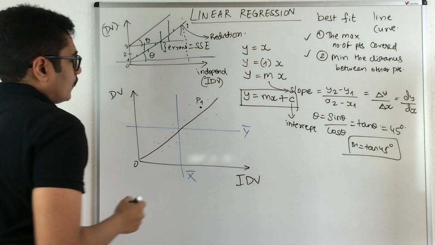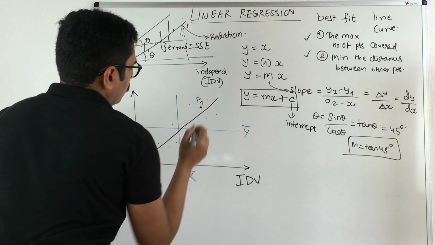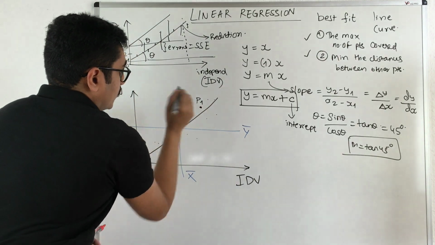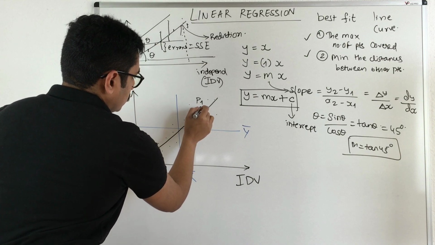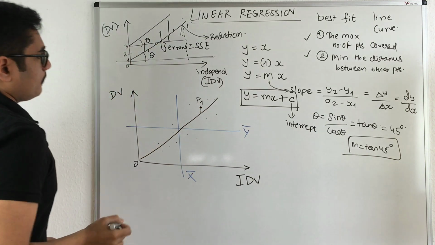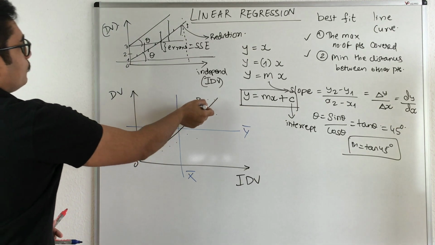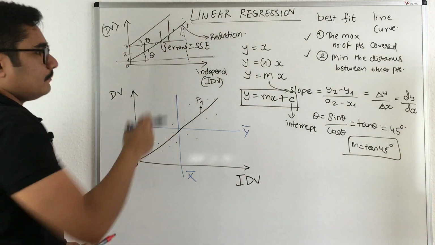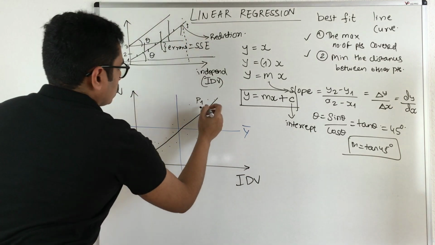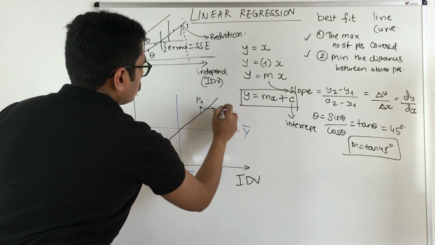This is your actual point and this is your line. Your line says that there is a deviation of your actual point from this point by a distance of this much. That essentially is your SSE, that is your residual, that is your error. So this is nothing but your SSE.